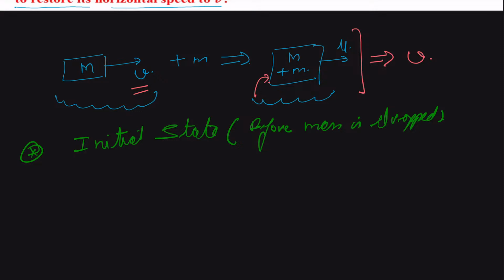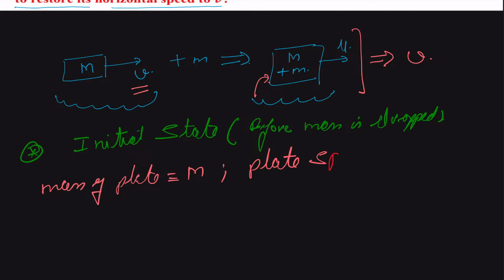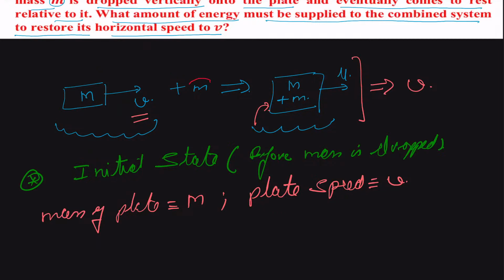And for that we are given that the mass of the plate is given to us as capital M. It is moving with the velocity of v. So you can say plate speed is given to us as v, and we have to remember that this mass small m is dropped vertically.